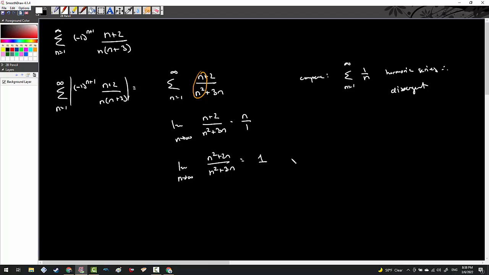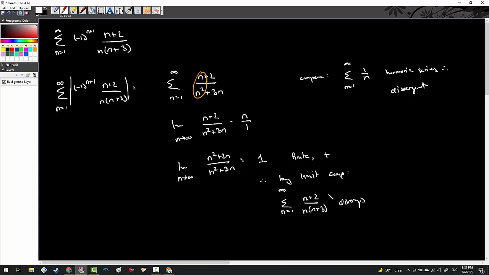This guy goes to 1, which is finite and positive, and therefore by limit comparison, the sum from n equals 1 to infinity of our original function, so that's going to be the one in absolute value right there, (n plus 2) over n times (n plus 3), diverges, right?